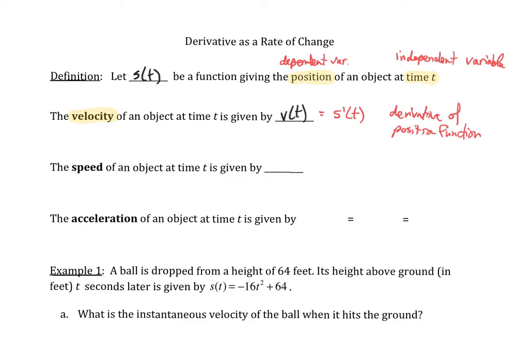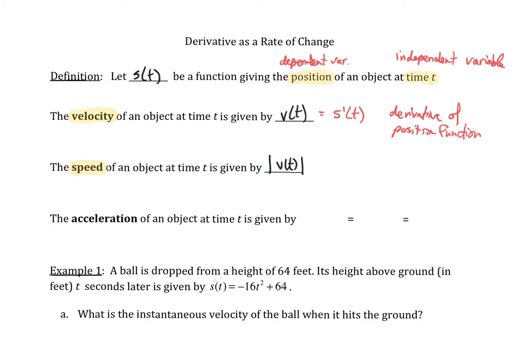Related to velocity is this idea of speed. The speed of an object at time t is given by the absolute value of the velocity function. So basically, for us, velocity actually has a sign associated with it. It could be positive or it could be negative. Positive usually means the object's going forward. A negative velocity would mean the object is going backward.